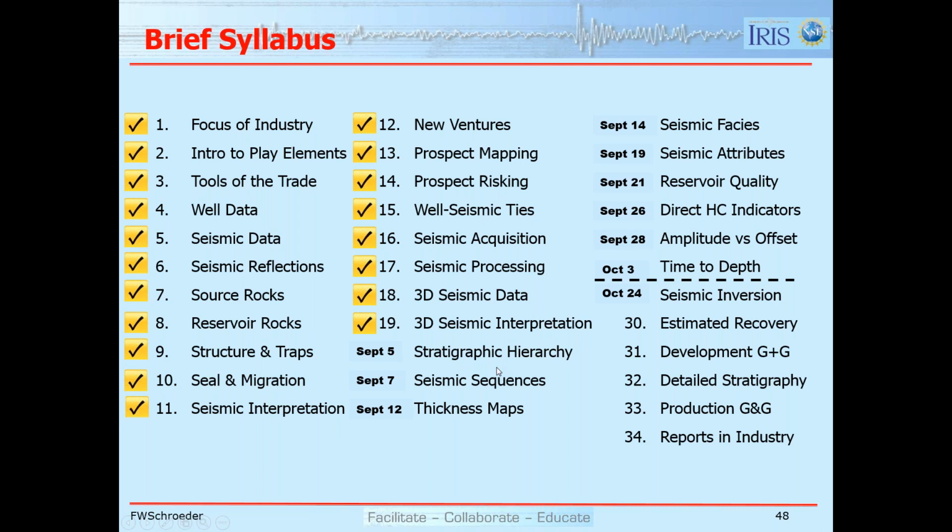One of the things I didn't mention in the recon phase is that you want to evaluate the data quality, and consider what sort of products they are expecting out of you, and make an estimate: is this reasonable? Can I give them 25 faults and 15 horizons in 7 weeks of interpretation time?